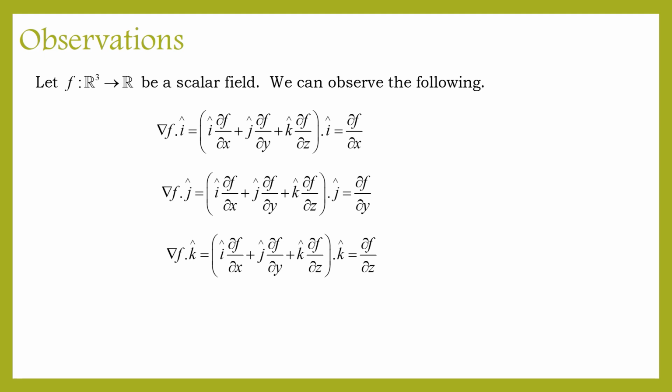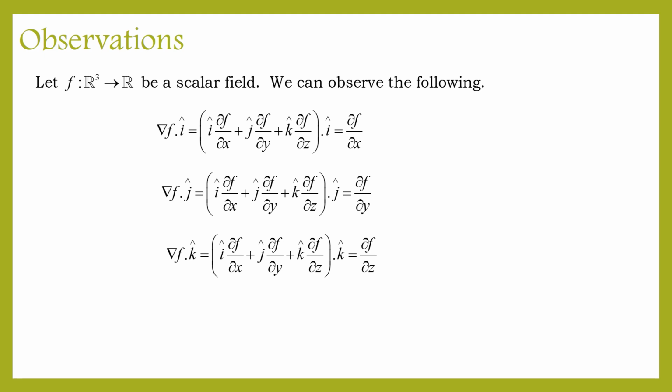If we want the directional derivative of the given surface in the j cap direction or in the y direction, we need to take del f dot j cap, which gives us dou f by dou y. So what is dou f by dou y? Dou f by dou y is nothing but the directional derivative of f in the direction of y.